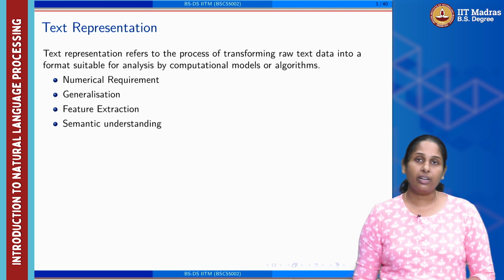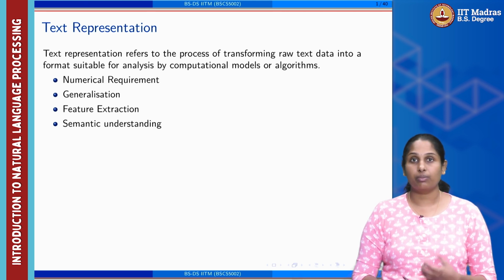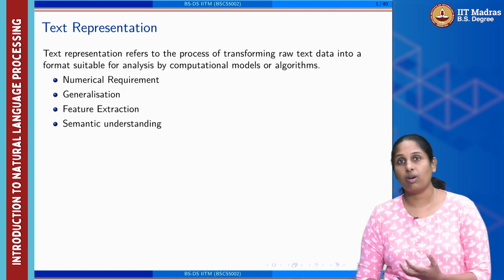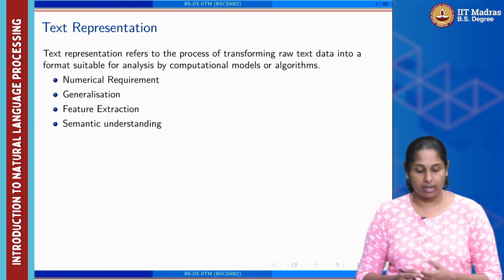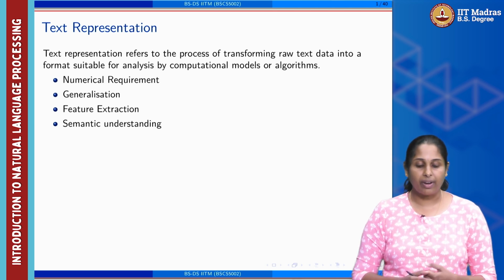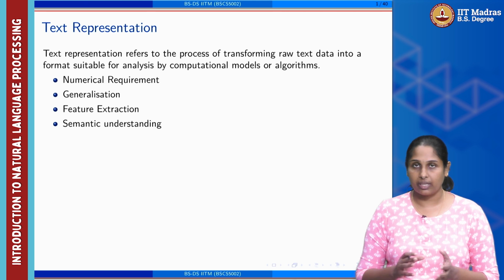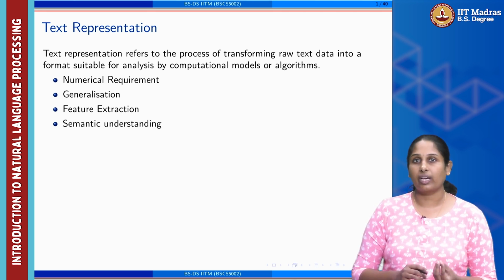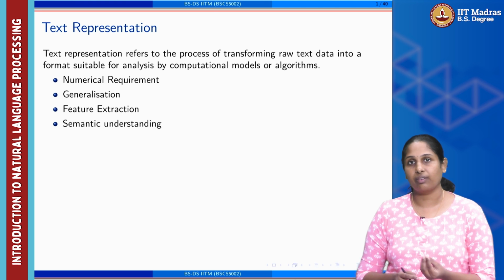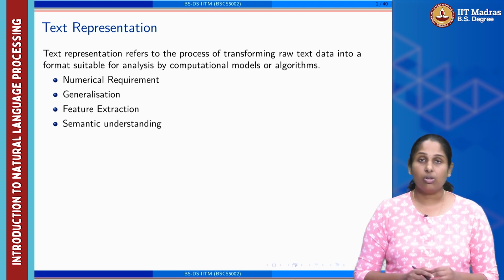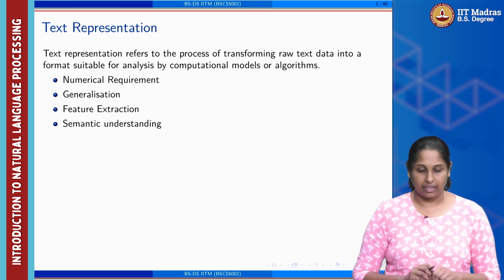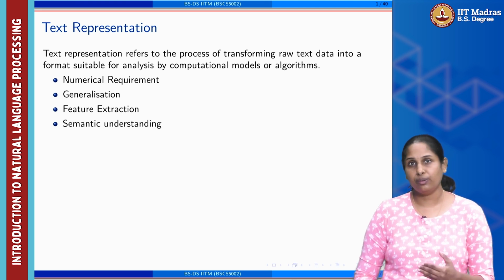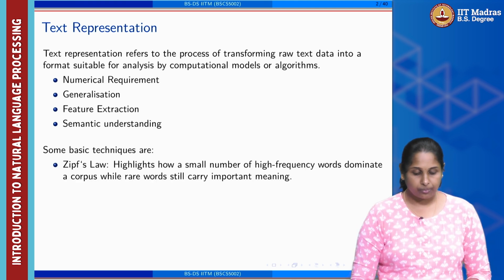This is important for the numerical requirement, that means to understand how this text data is transformed into a vector or a numerical format, and even finding out the generalization from the data set and some of the features that are required to extract for doing any kind of NLP application, and also the complete semantic understanding. So text representation is the most initial point to get into distributional semantics.